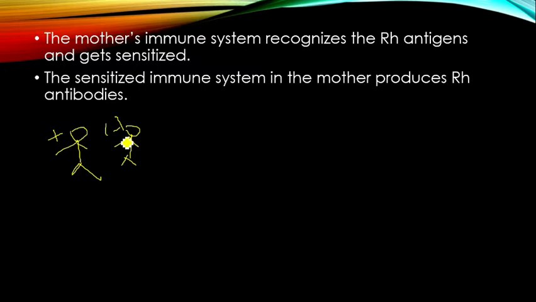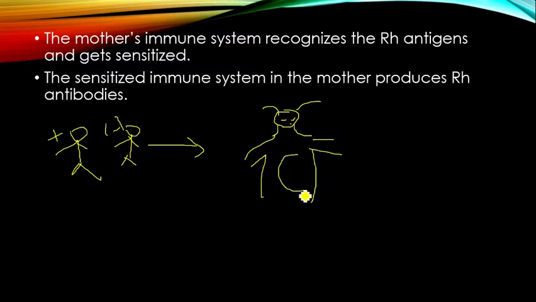What happens? During the first pregnancy, if the fetus is Rh positive, see, this is the uterus. Inside the uterus there is a baby. This baby is Rh positive. Here the mother is Rh negative. If the first fetus is Rh positive, what happens? We have to see.